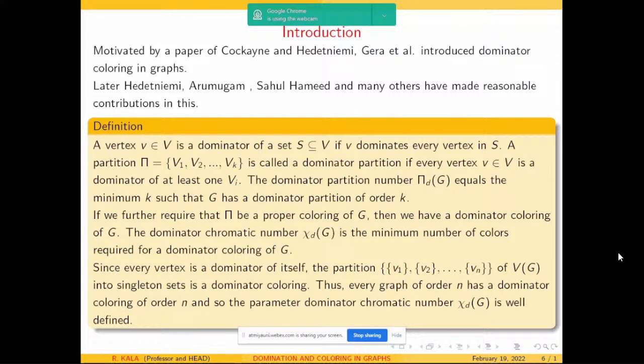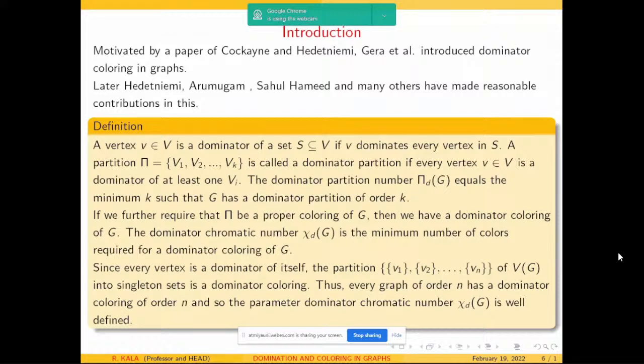Now coming to the existence of this parameter, if you take every vertex as a color class, suppose my graph has n vertices, I take every Vi as a singleton color class, and definitely every vertex dominates itself. So for every Vi, the corresponding singleton will have the dominator property, and so this is a dominator partition.